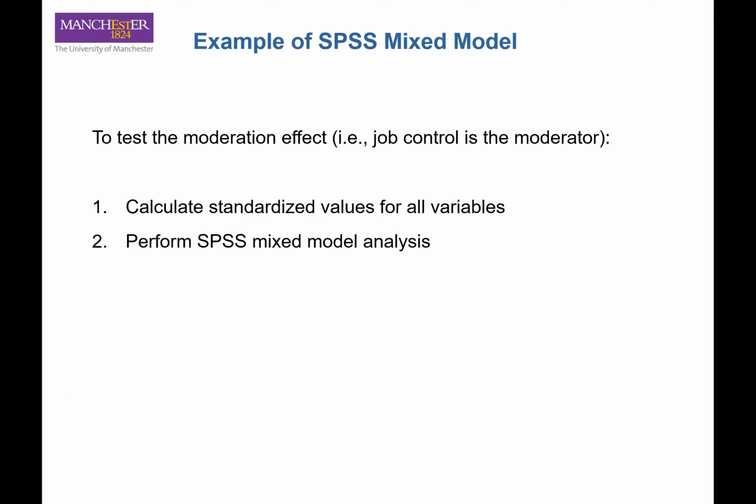Because the current model consists of a moderation effect, that is, job control is the moderator, before we perform the SPSS mixed model analysis, we have to calculate the standardized values for all the variables.